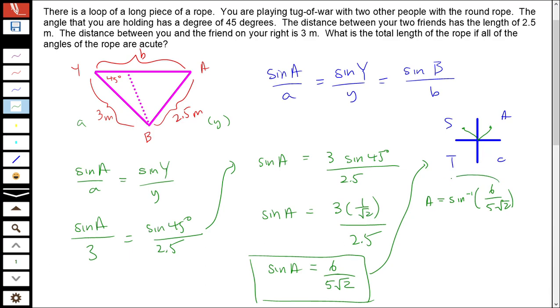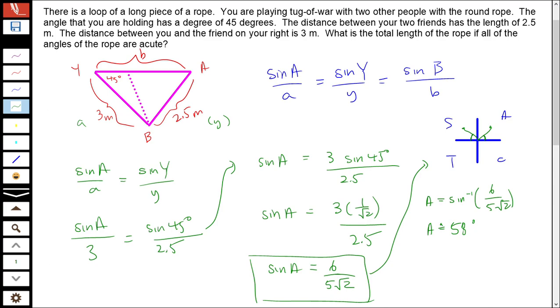Remember, the calculators only give us the beta angle, which is going to be this one, or you can think of it as this one as well. So my beta angle, so it's not really A, well, it's going to be one of the A's, but my beta angle is going to be, let's go sine inverse of 6 over 5 root 2. So this is going to give me an angle of 58 degrees, approximately.